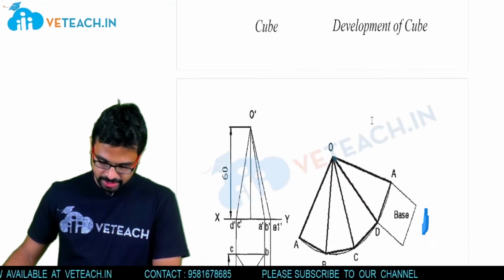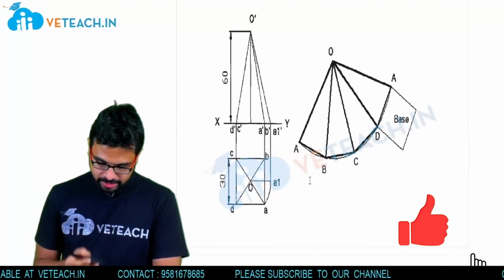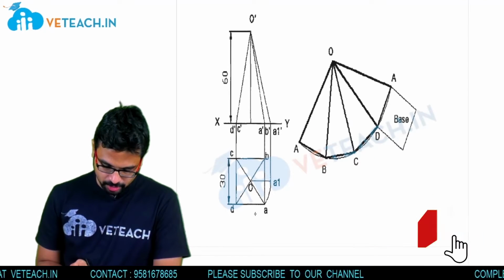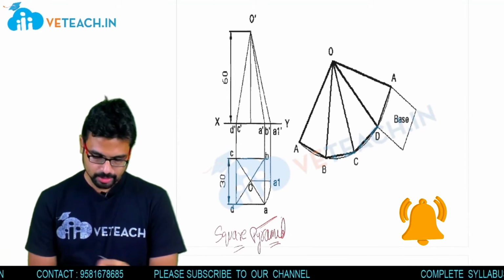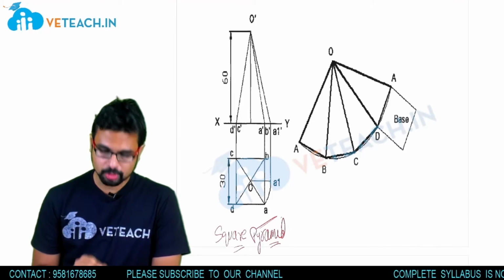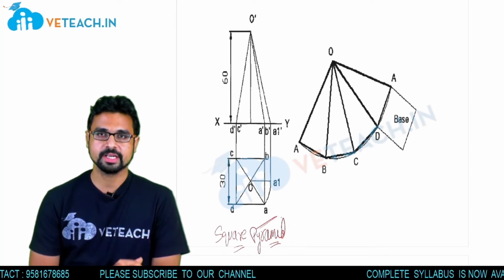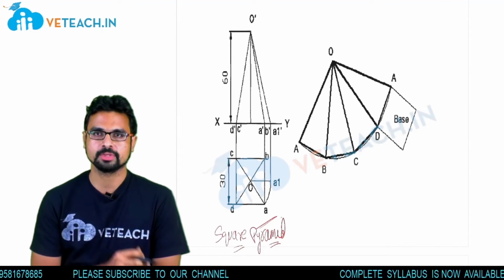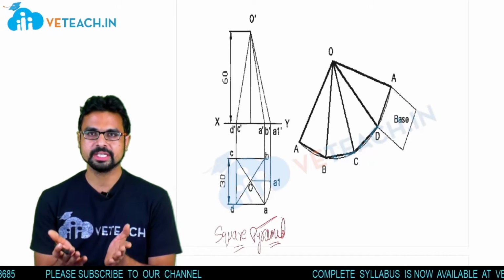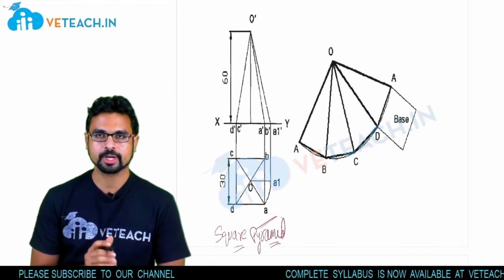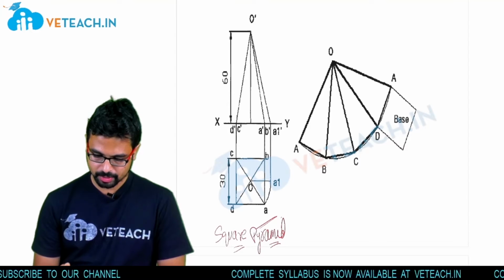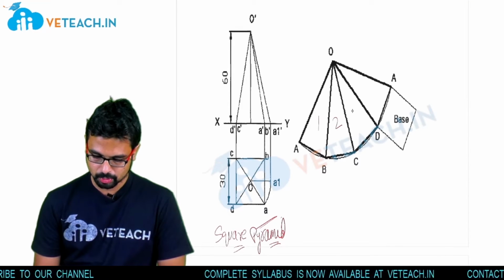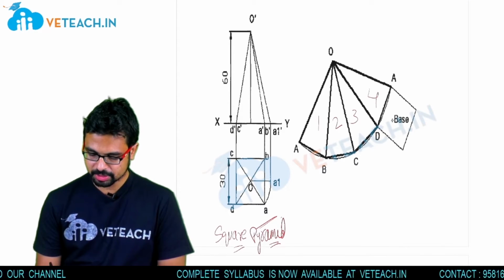Understood? Here we have one more example. I am considering a solid, a square pyramid. It has 4 lateral sides, the outer surface of the pyramid. Fold the thin metallic sheet around this square pyramid, and later we unfold it and get these surfaces: 1, 2, 3, 4, and this is the base.